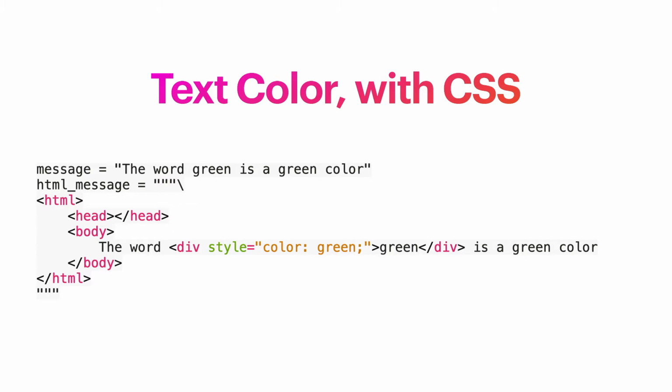Body tags in HTML are the things that actually display the content of a website, in this case, the email. So we say the word green, and then we create a div tag, and we style it with color green. And note that it matches exactly with the message variable, except the HTML message is populated and styled by HTML and CSS.